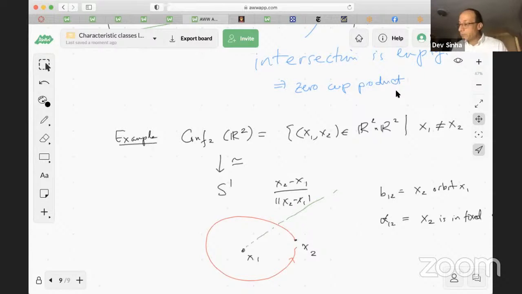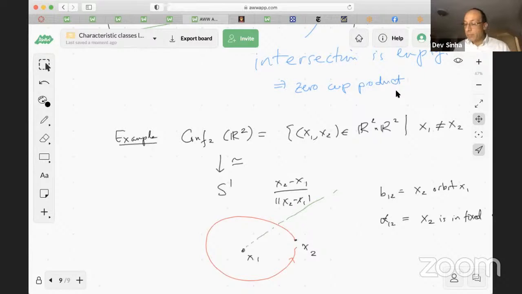Okay, so that's a complete presentation for the homology and cohomology of configurations of 2 points in the plane.